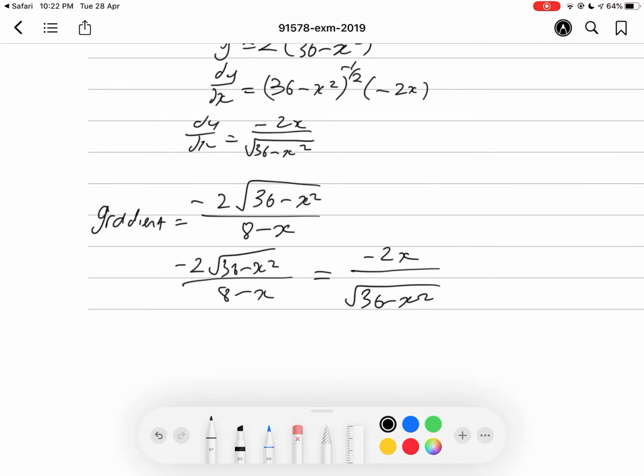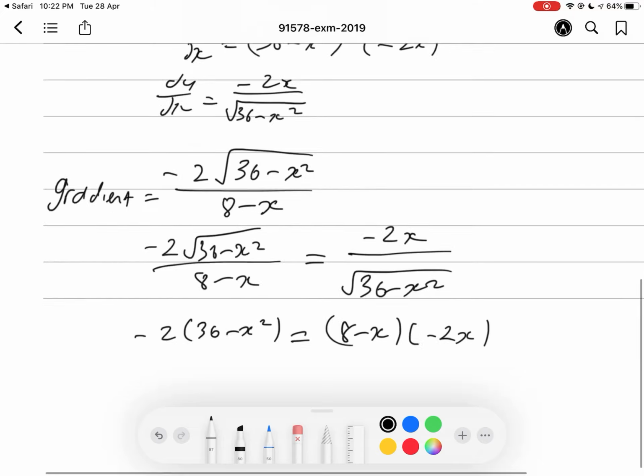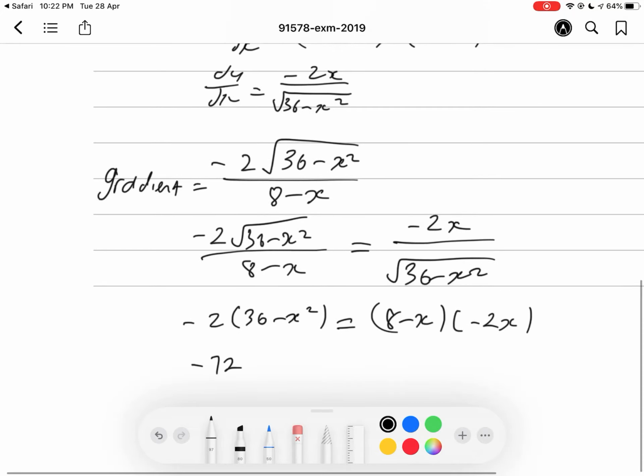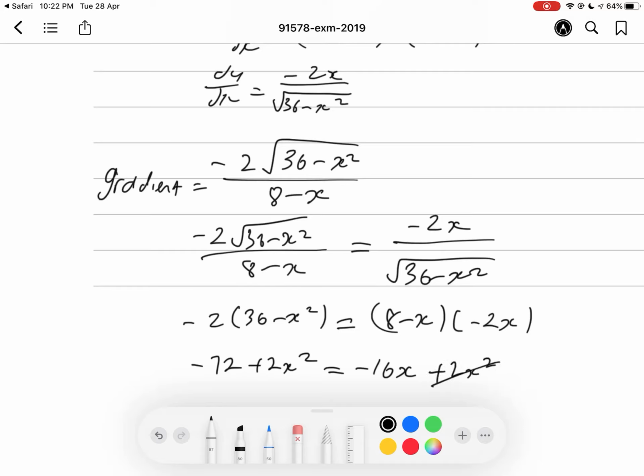Alright, so a little bit of rearranging we need to do here. We can cross multiply, so negative 2 times 36 minus x squared is equal to 8 minus x times negative 2x. So we'll have negative 72 plus 2x squared is equal to negative 16x plus 2x squared.